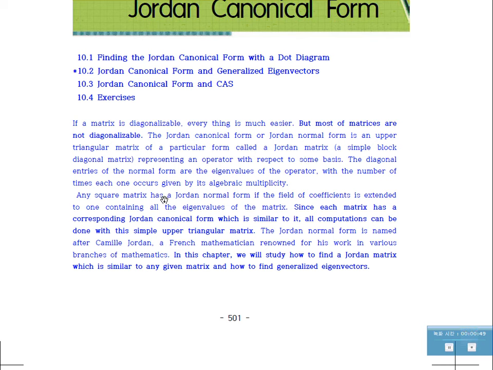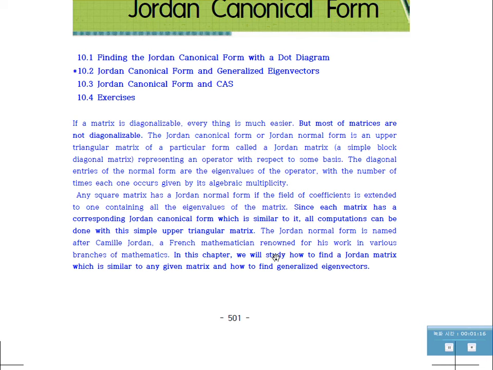Any square matrix has a Jordan normal form if the field of coefficients is extended to one containing all the eigenvalues of the matrix. Since each matrix has a corresponding Jordan canonical form which is similar to it, all computations can be done with this simple upper triangular matrix.